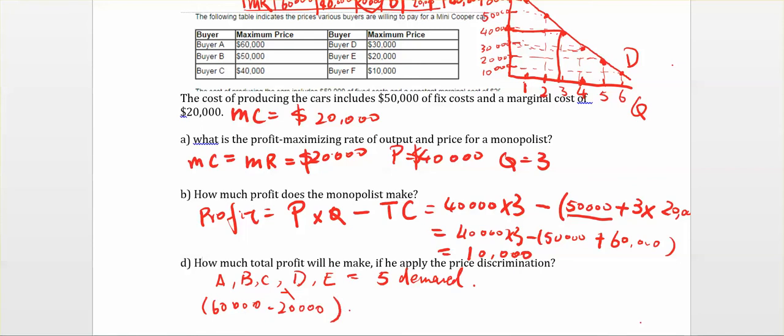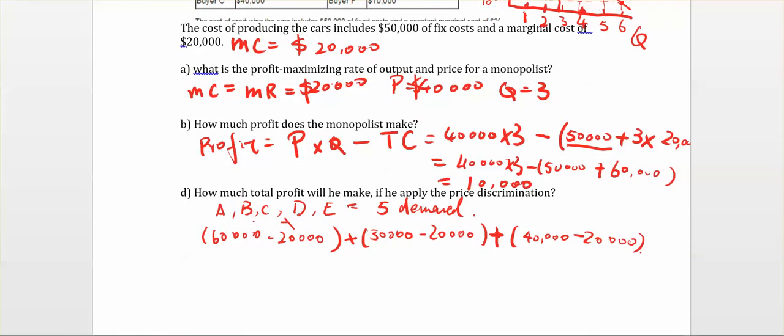That is the net revenue generated from buyer A, plus charging buyer B $50,000 minus the marginal cost of $20,000, and plus $40,000 for the third buyer C minus $20,000.